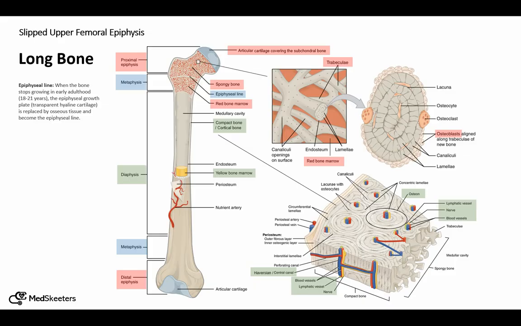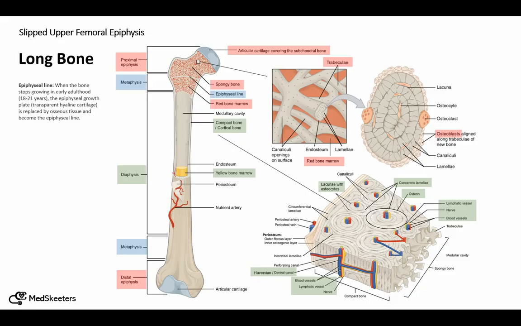Each osteon is a compact cylinder of concentric lamellae. The only cells in an osteon are the osteocytes that are found on the edges of each lamella. Osteocytes are embedded in lacunae.